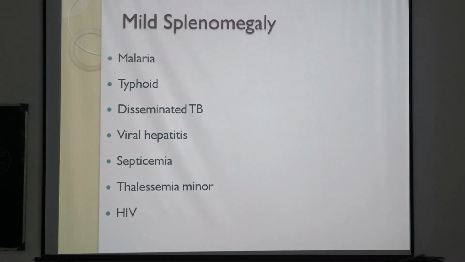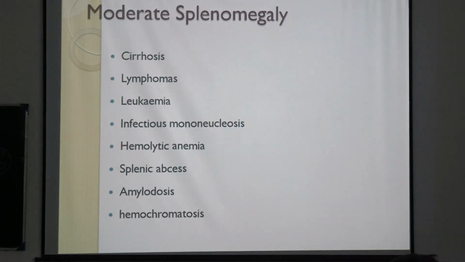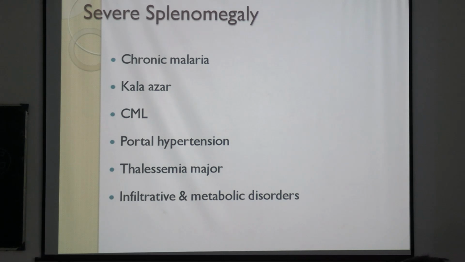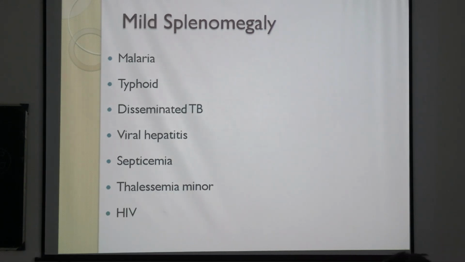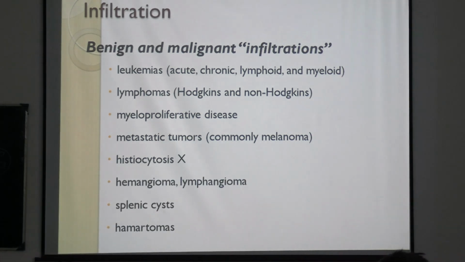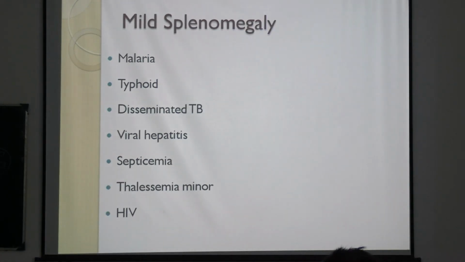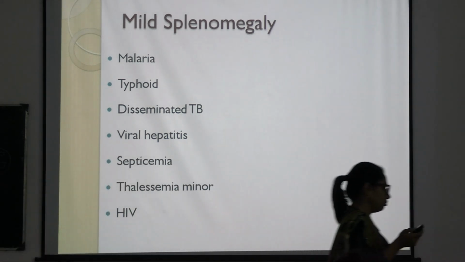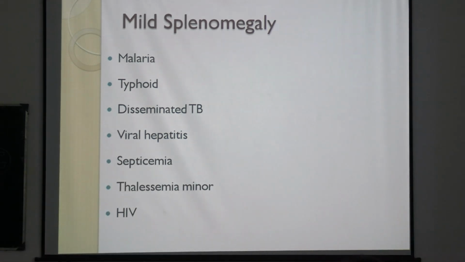So these are the causes of mild, moderate and severe splenomegaly. Many times they overlap. But if the examiner asks you, you are going to give some examples. At least remember 3-4. What are the causes of mild splenomegaly?